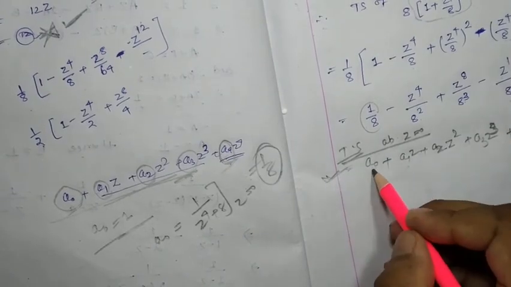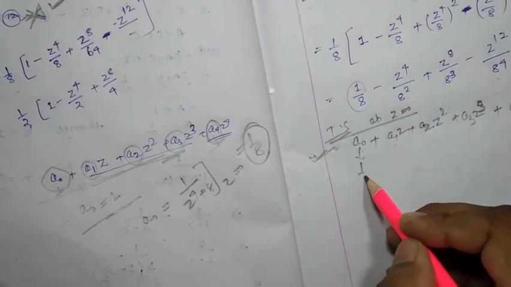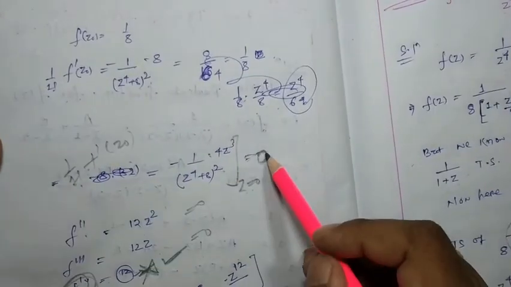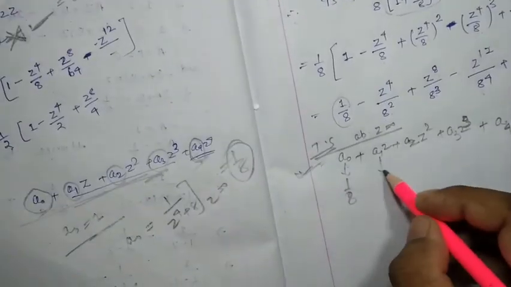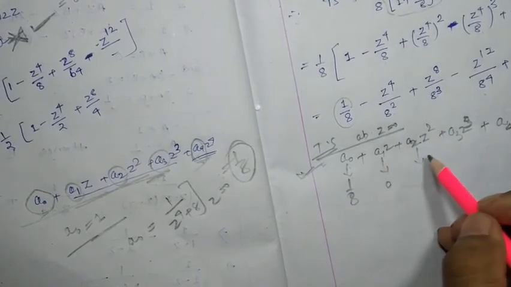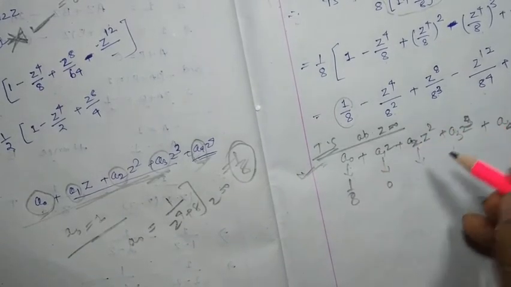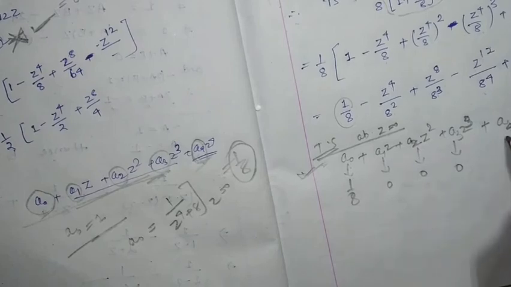So here a0 we found 1 by 8, a1 how much, 0 we found, so this term will be 0. You can do it. a2 also will be 0, a3 also will be 0, a4 you are going to get some value.